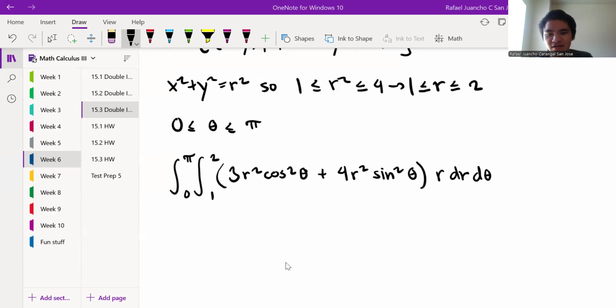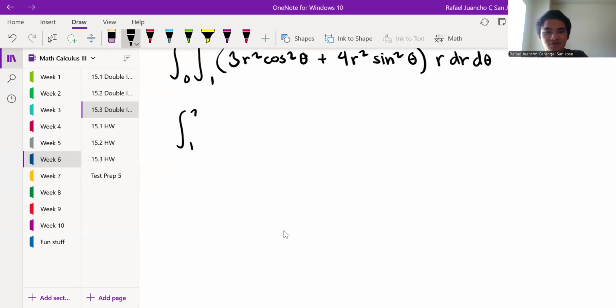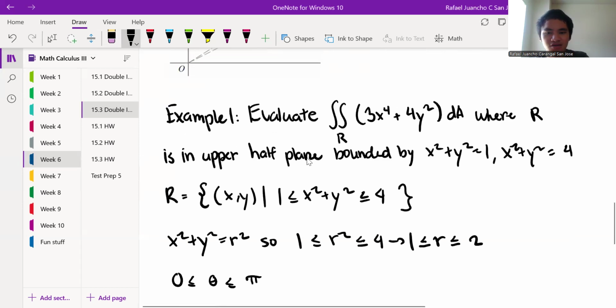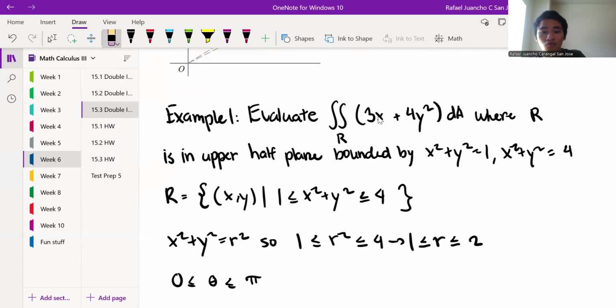Now, of course, I solve it by plugging in everything, obviously. So here I'm just going to solve the first one. So you can say 1 to 2. This is 3r cubed, so I'll treat it like normal. 4r cubed, right? Oh, wait a minute. Whoops. This is 3x. Oh.